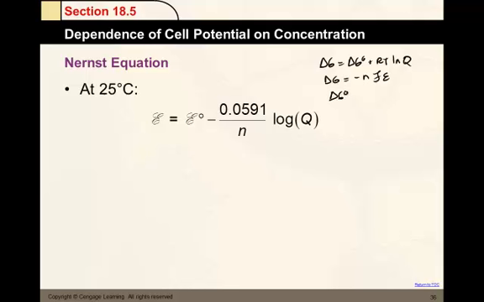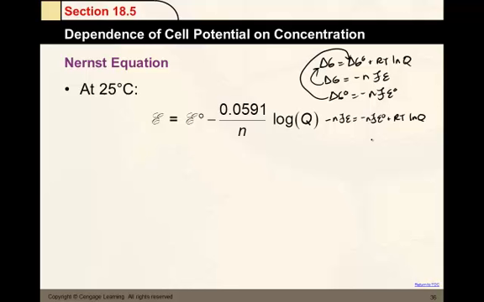And delta G0 is minus nFE0. If I replace delta G in this equation and delta G0 in that first equation, what do I have? Well, I have minus nFE equals minus nFE0 plus RT ln Q.